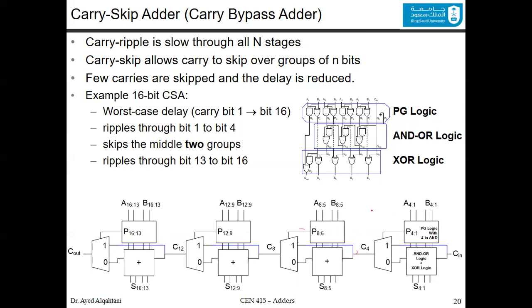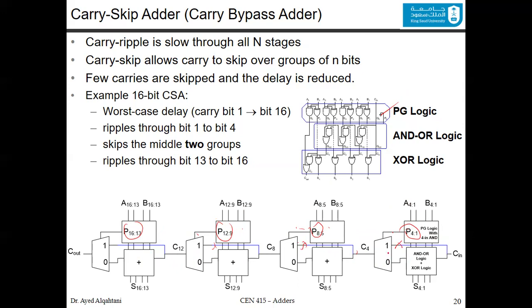Now the beautiful thing about this is that generating these propagations is actually quite fast. It's only a 4-input AND circuit. So you do this stage either way, followed by a 4-input AND circuit, so you get these results quickly. Now, if there is no skip here, no skip here, no skip here, and no skip here, this means that this group stage and this one don't have to wait for any carry from a previous stage.